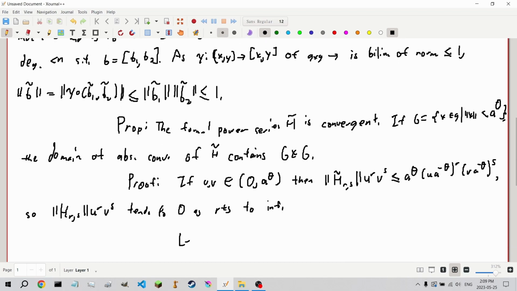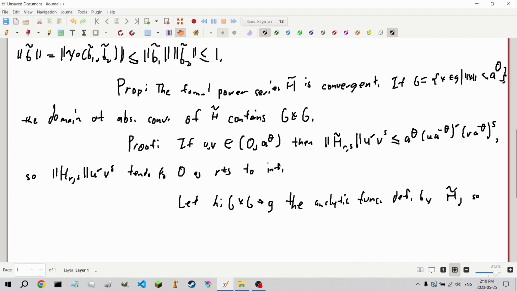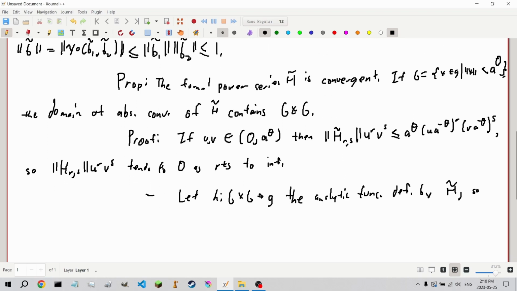Let h on our ball G times G into small g be the analytic function defined by H tilde. This isn't part of the proof anymore, I don't know. I didn't format it right.